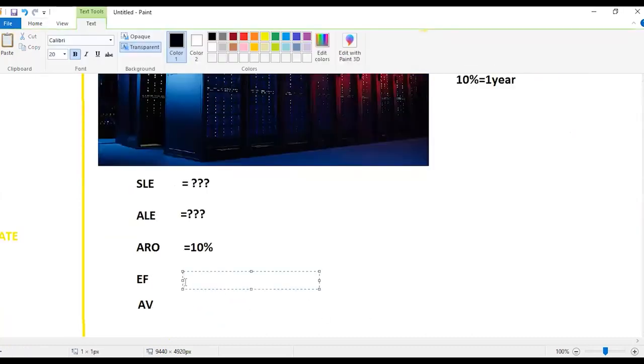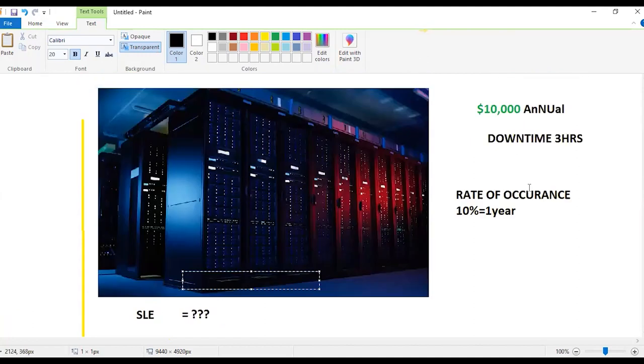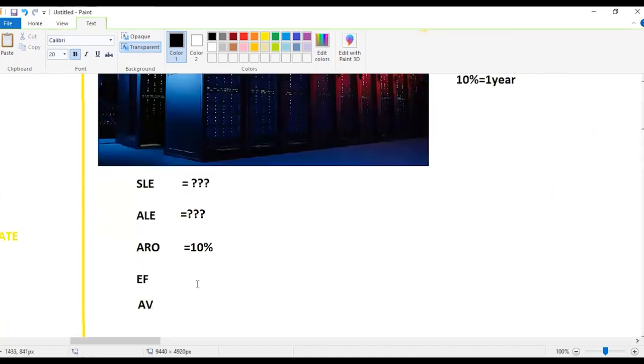Exposure factor means how much time your asset will be in failure, how much time it will be in downtime. So the exposure factor here is the downtime of 3 hours.